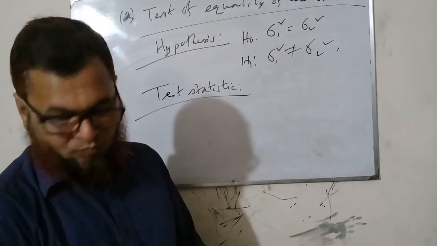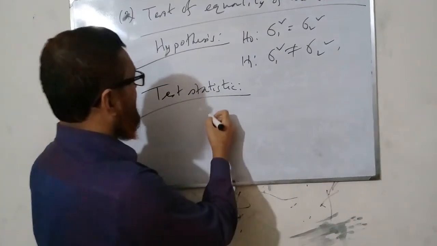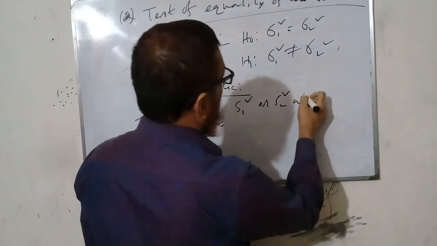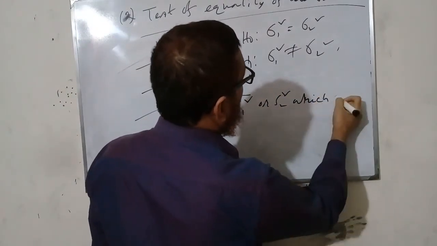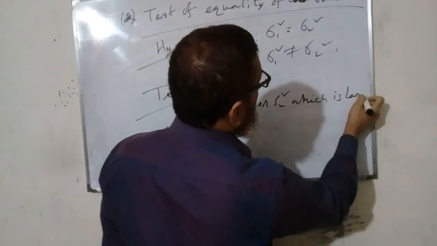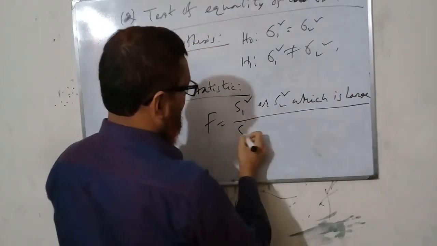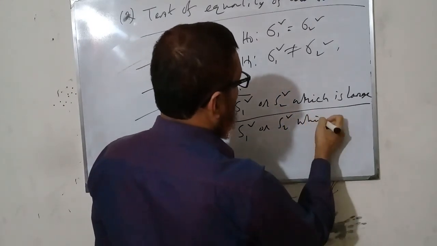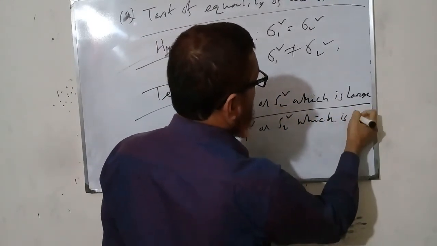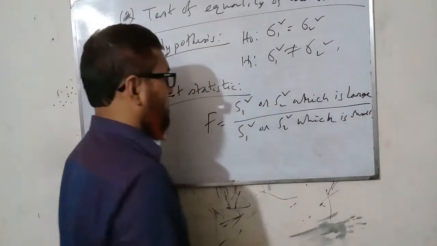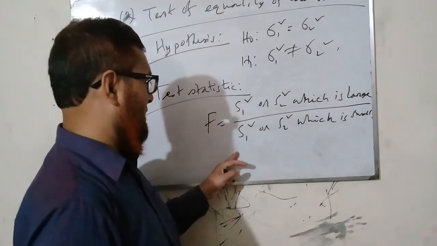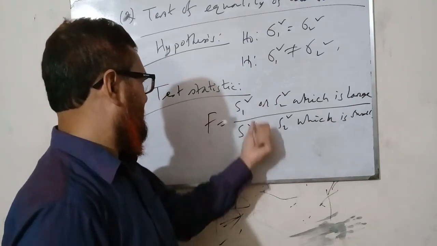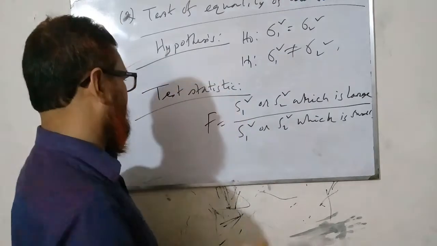The appropriate test statistic is F equal to s1 square by s2 square, whichever is large over whichever is small. We have to estimate s1 square and s2 square from the data; the larger one is the numerator and the smaller one is the denominator.